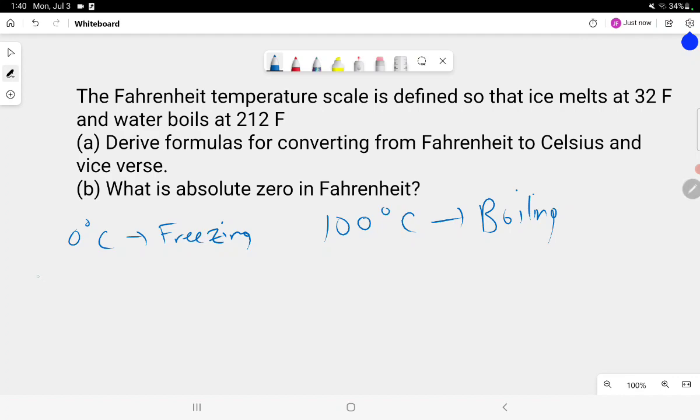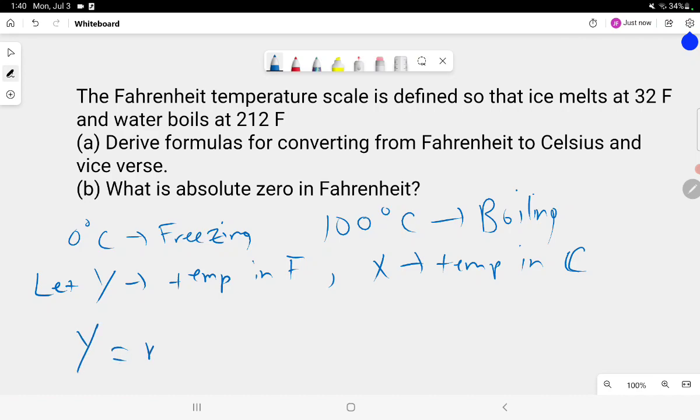And so I'm going to let y be the temperature in Fahrenheit. And then I'm also going to let x be the temperature in Celsius. So since we have a linear relationship that we're looking at, we're going to be looking at y equal to mx plus b.